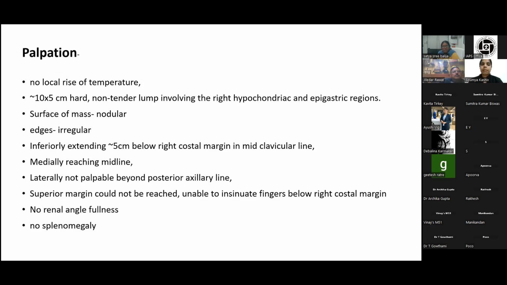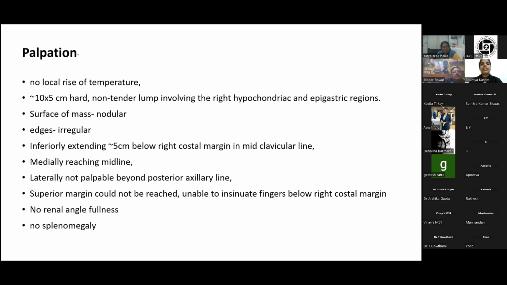On palpation, there was no local rise of temperature. About 10 by 5 centimeters of hard, non-tender lump was palpable, which was involving the right hypochondriac and epigastric regions. The surface of the mass was nodular, edges were irregular.